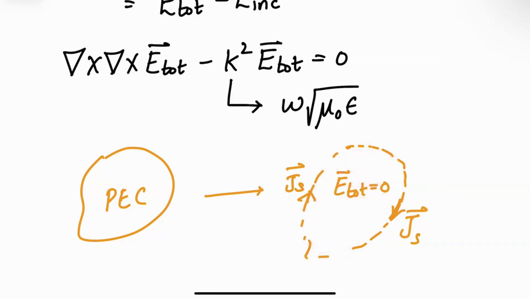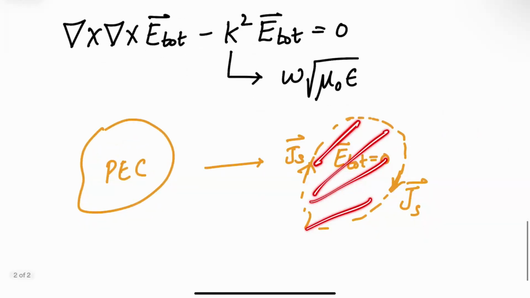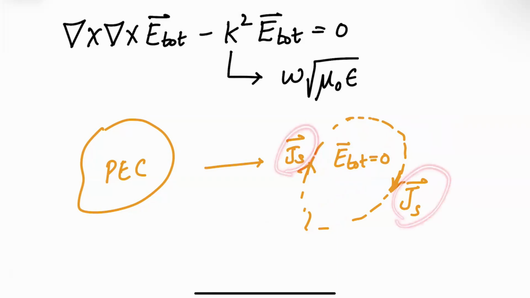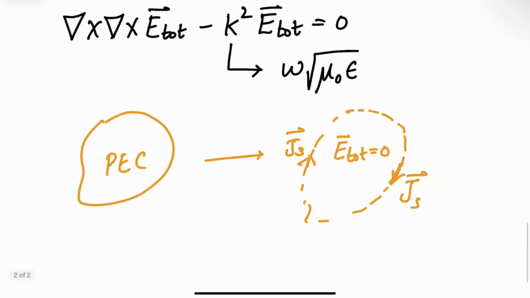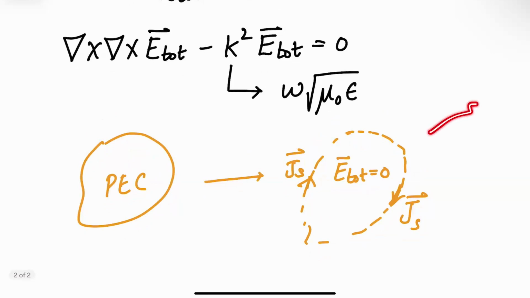And there is no total field inside, we know that already. So essentially, E scattered is minus E incident inside the medium for a metal. Outside the medium, of course, the scattered field exists as well, but inside it cancels exactly. So one way to think about it is that the induced currents are produced in such a way as to cancel the incident field, and at the same time they produce whatever scattered field outside.